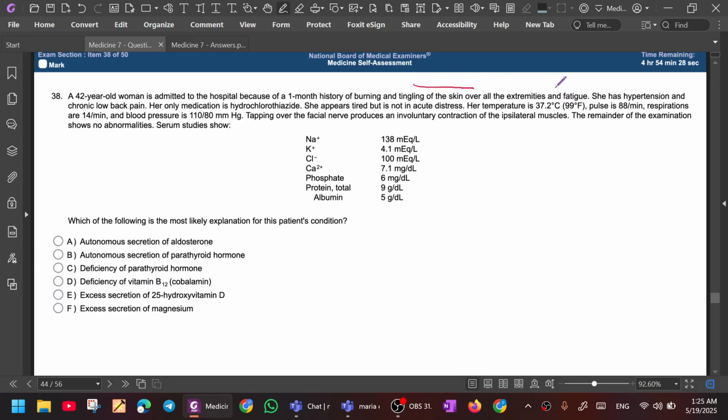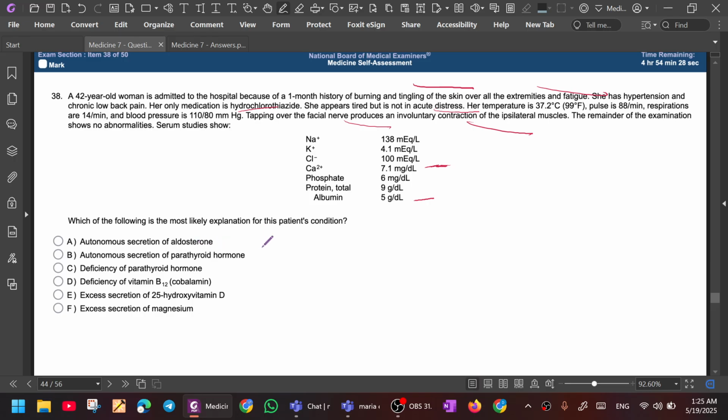She appears tired but is not in acute distress. Temperature, pulse, respiration and blood pressure are fine. Tapping over the facial nerve produces involuntary contraction of the ipsilateral muscles. The rest of the exam is fine. Sodium, potassium and chloride are fine. Calcium is low.